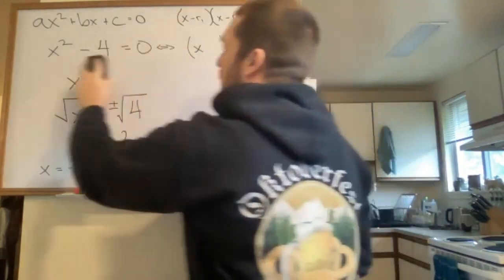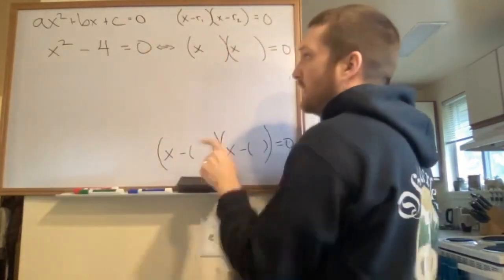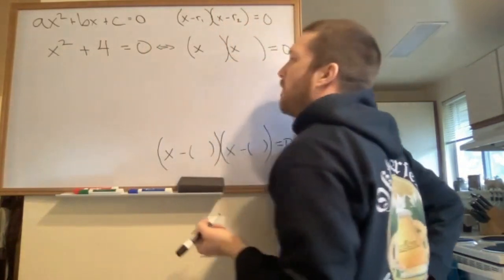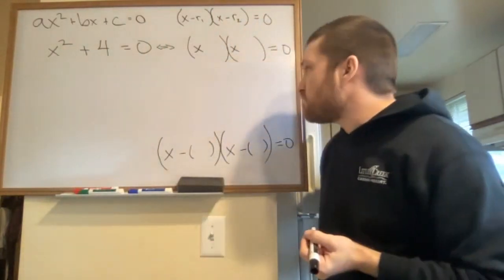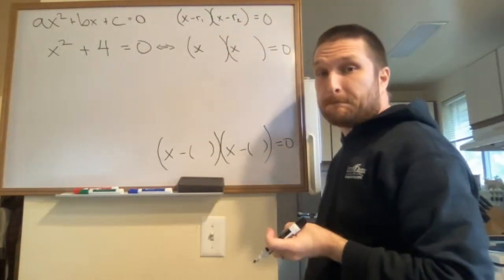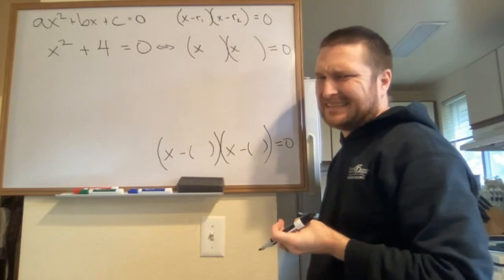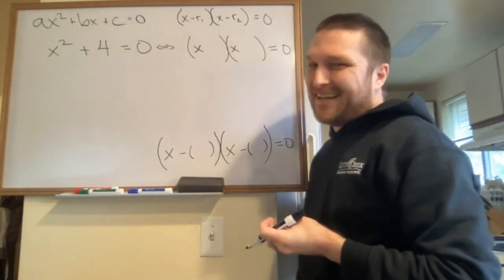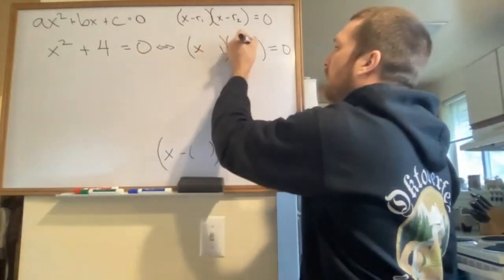Now, can we factor this bad boy, x squared + 4? Yes. Okay, what is it? Oh, wait. Ooh. No, not easy. If you try, you're like, well, 4, maybe 1 and 4.